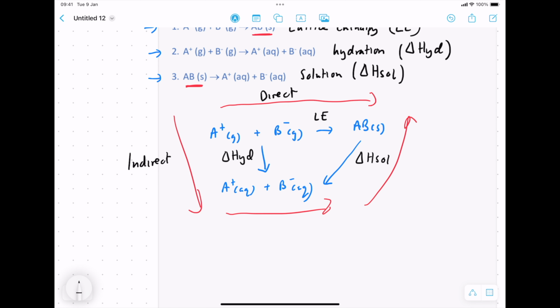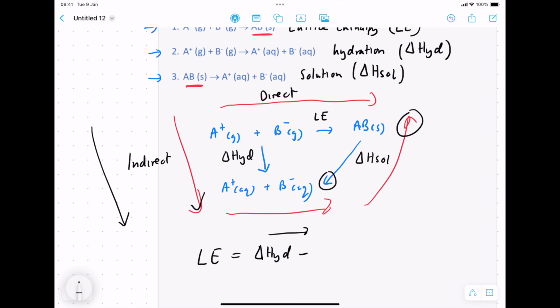So along the top, we have the lattice enthalpy, LE, is equal to, if we go down this way, you can see that black arrow is running the same direction as the red arrow. So it's the hydration enthalpy. And then we go across and then up on the other side. But to get from the aqueous ions to AB(s), this arrow is going against the direction of that arrow, so I need to reverse the sign of the enthalpy of solution.